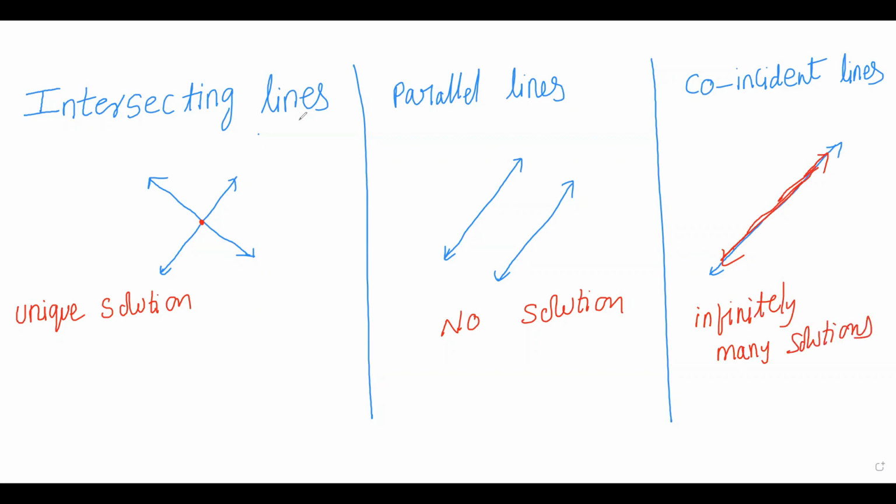Since intersecting lines give you solution consistently every time, intersecting lines are also called as consistent lines. Parallel lines will never give you solution, so they are inconsistent lines.